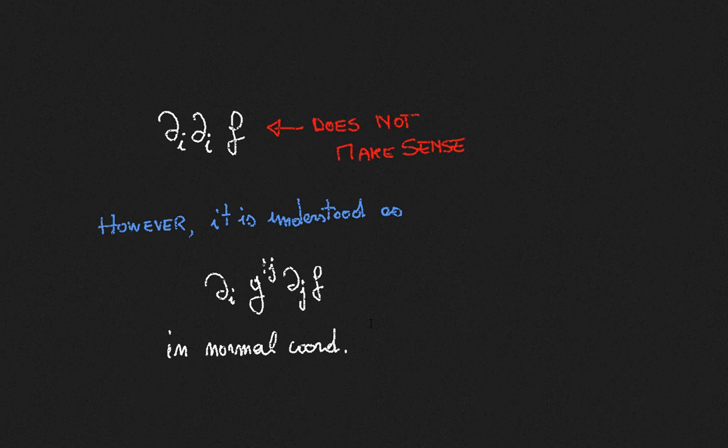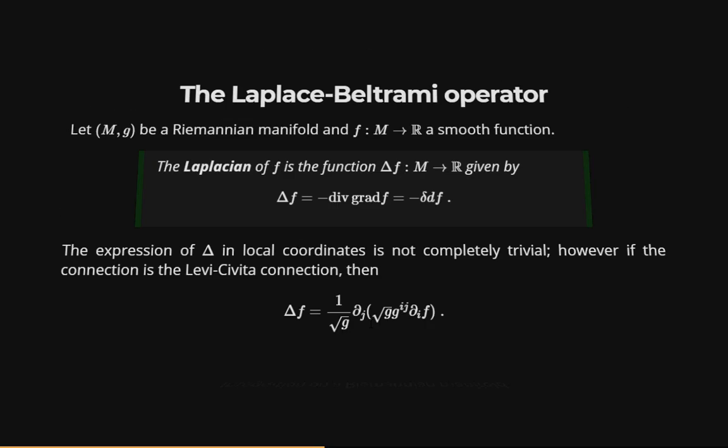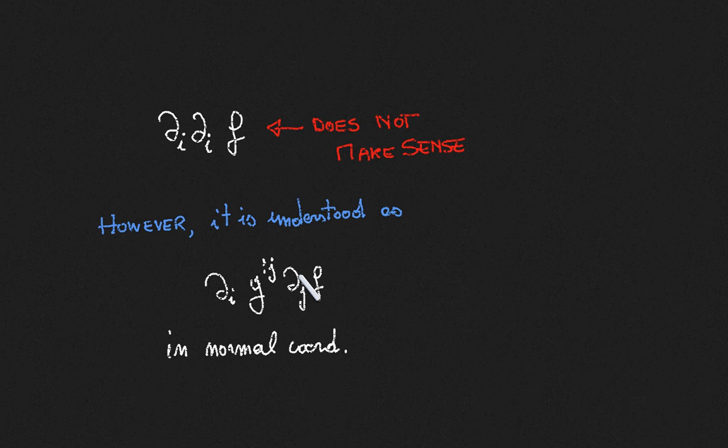So in principle, taking twice the derivative of f with respect to a coordinate in local coordinates is not the same as this expression. However, if we are in a local system of coordinates which are normal and we are at the origin, then these two expressions coincide.